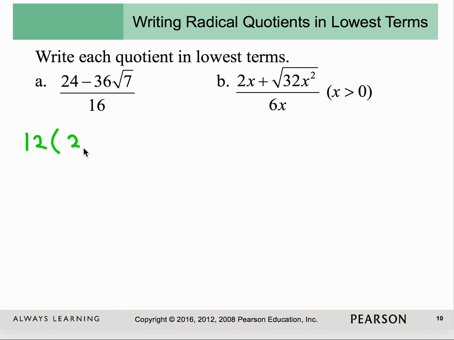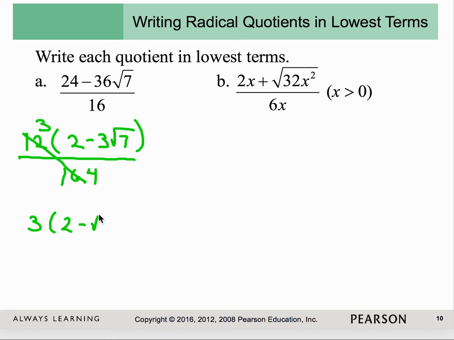And that leaves 2 minus 3 square roots of 7 over 16. Now, these will divide out. There's a 3 and a 4. So I can multiply that back together if I want, or I can just leave it factored. Either way.